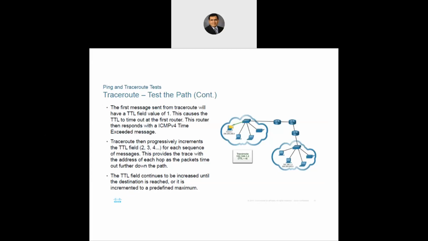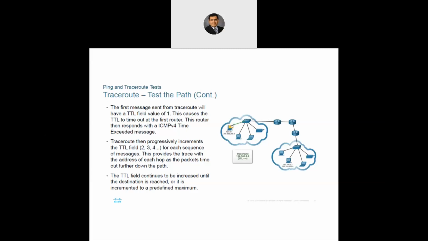Usually, like I told you, when you start using the traceroute command, it always starts with 1. Now, how does it count the hops? Let's say you want to see from here to here how many hops you have to go through.